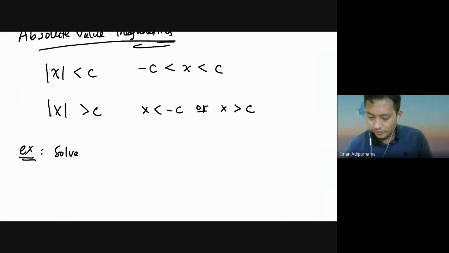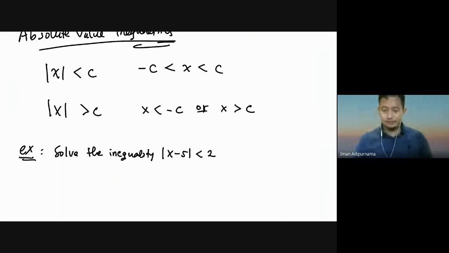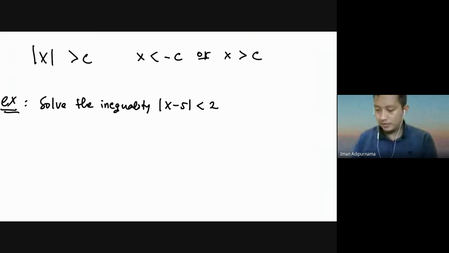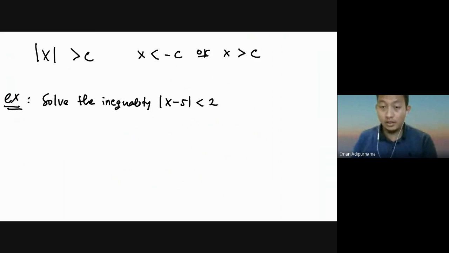Solve. Okay, to solve this, based on what inequality we have, we can have x minus 5 as a positive or negative.